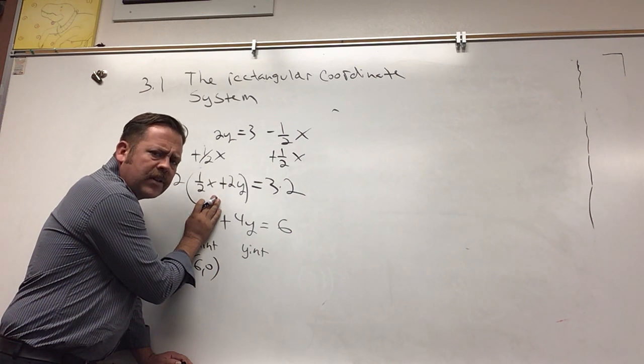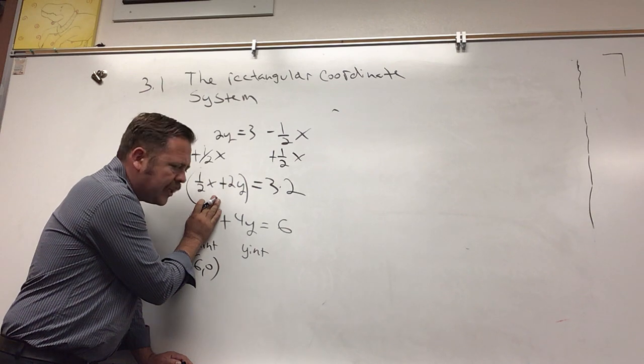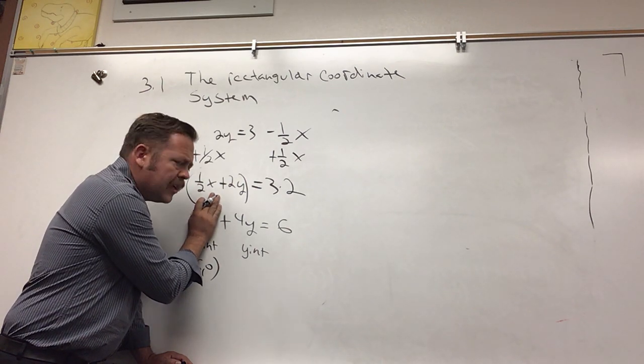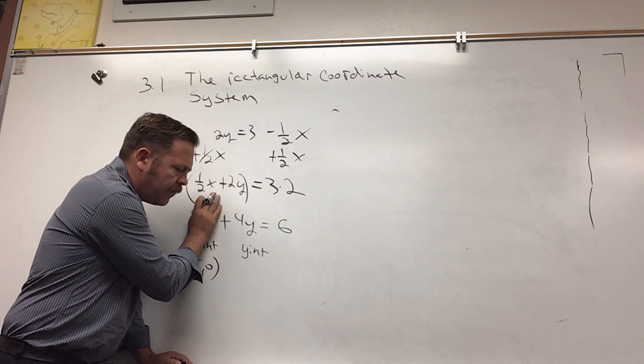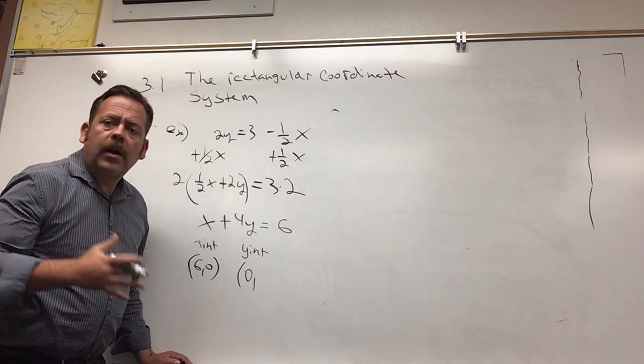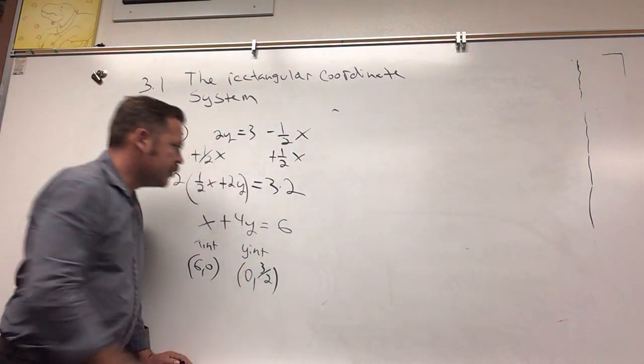If you want me to write all this, tell me to pause. I'm going to stop and write it out, but let's see if we can visualize it. The x term goes away. We have 4y equals 6. Divide by 4, y equals 6 over 4. So my y-intercept is (0, 6/4), which simplifies to (0, 3/2).